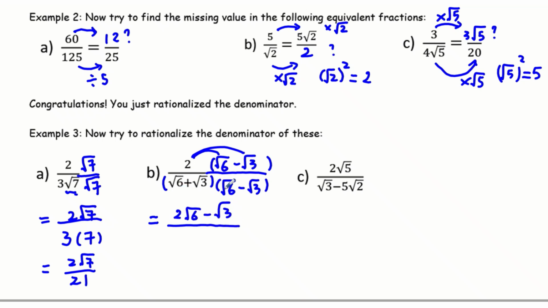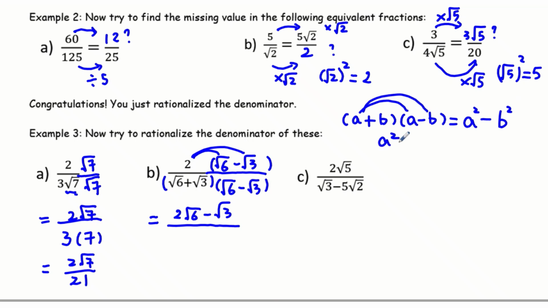So this conjugate times, what it will give you, we could use a difference of squares. A plus b times a minus b, you will have a squared minus b squared. So a times a is a squared, minus ab, then b times each term gives you plus ab minus b squared.